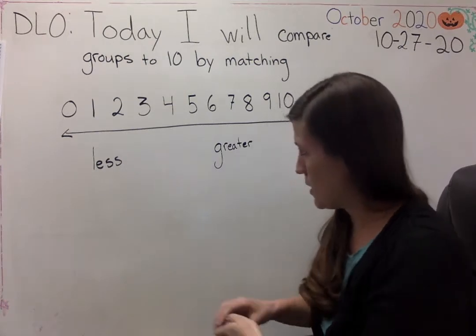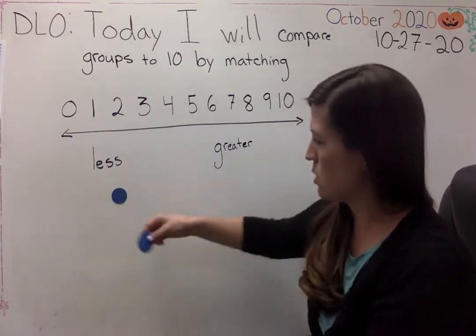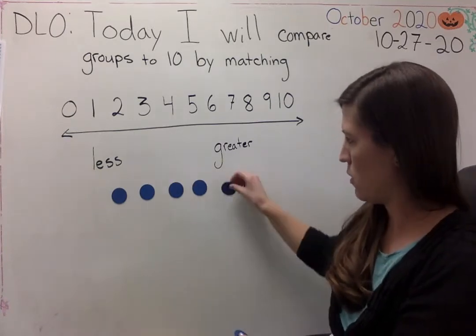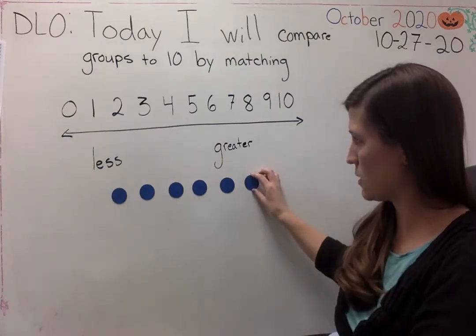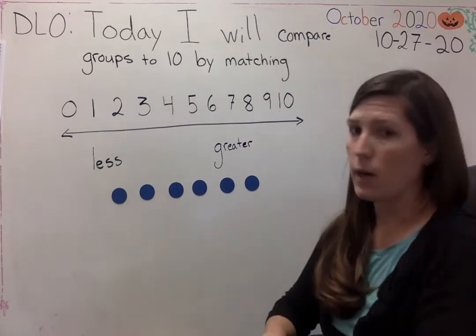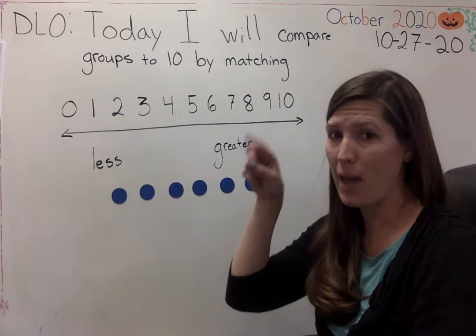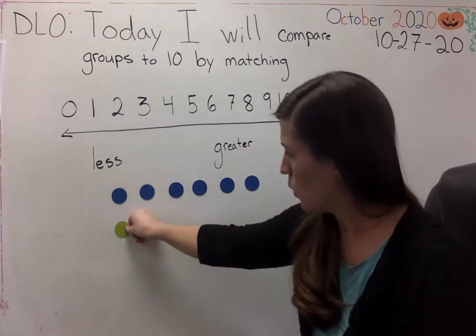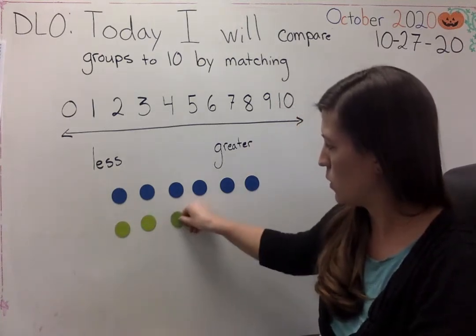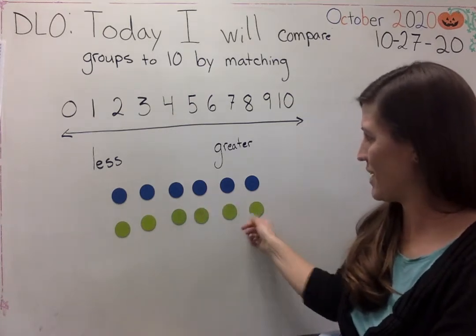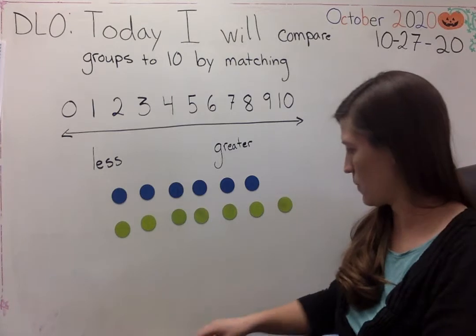I've got my magnets here. 1, 2, 3, 4, 5, 6. Now I'm going to put my green magnets below and I'm going to line them up so it's easy to match them. 1, 2, 3, 4, 5, 6, 7.